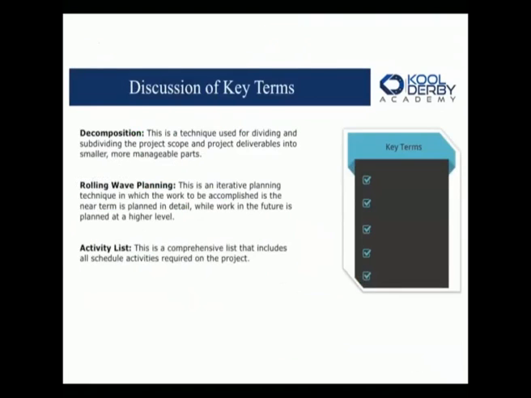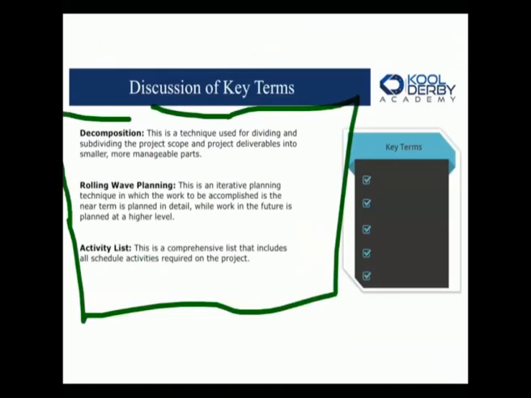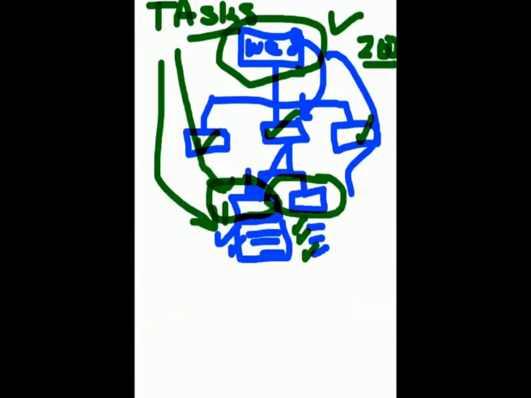All right, so I've given you some terms here, as I always do on these sessions. We can decompose the project. Decomposition is a technique for dividing and subdividing the project scope into project deliverables. So here we go. We took this example here, a wedding, and we decomposed it.